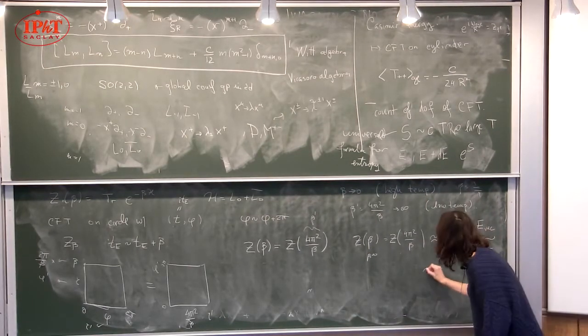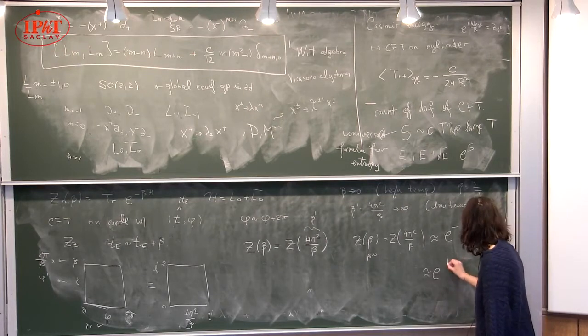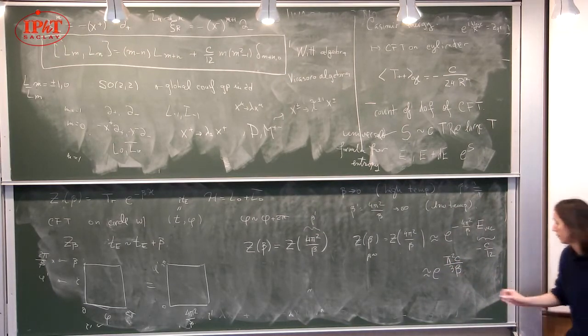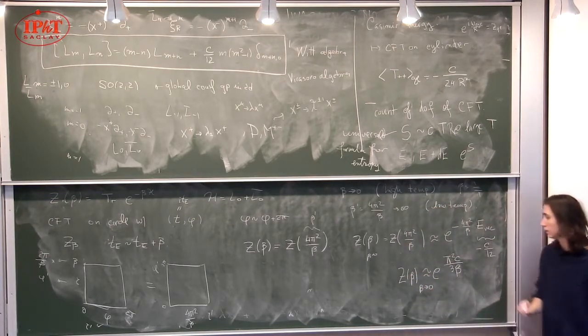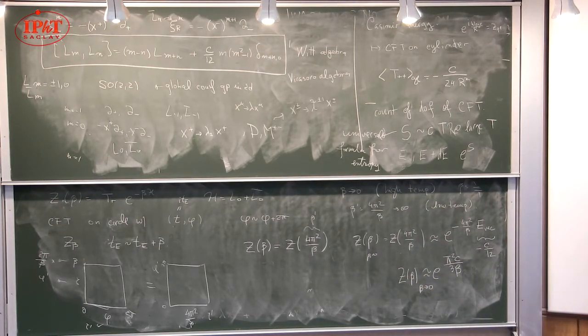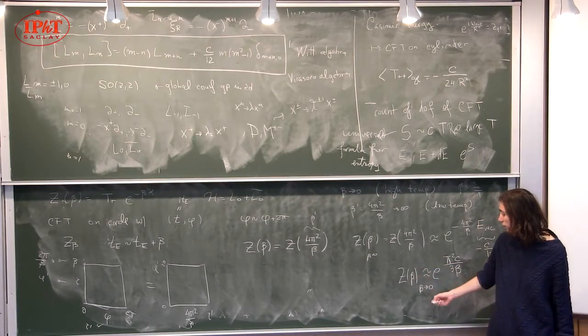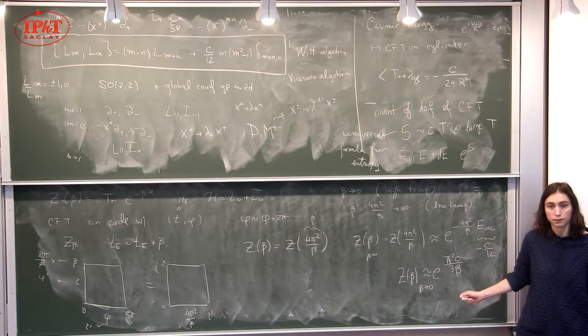Okay, so this thing in the end ends up equal to e to the pi squared c over 3 beta, as beta goes to 0. So universally in the two-dimensional conformal field theory at high temperature, otherwise known as beta goes to 0, this is how the partition function behaves.